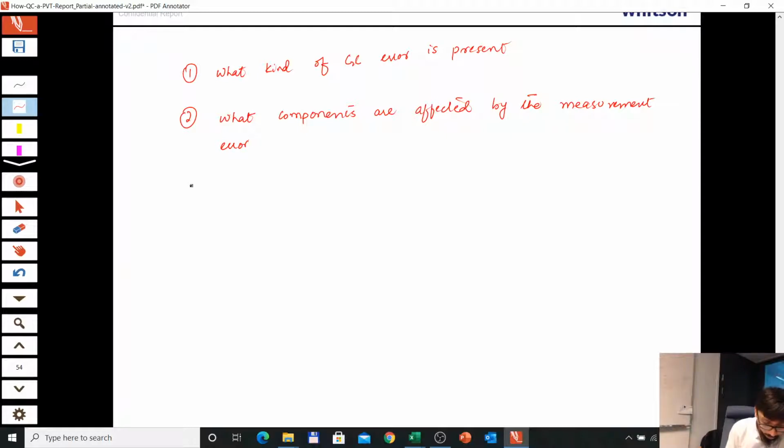That's something we have already seen. We can identify what kind of error it is and what components are affected by the error, which is the CX value.